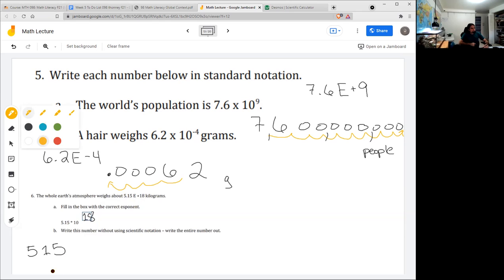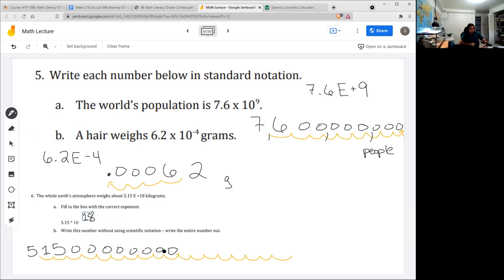Help me not lose count. 1, 2, 3, 4, 5, 6, 7, 8, 9, 10, 11, 12, 13, 14, 15, 16, 17, 18. And then in all of those little divots, we need to put a 0. Ta-da, okay.